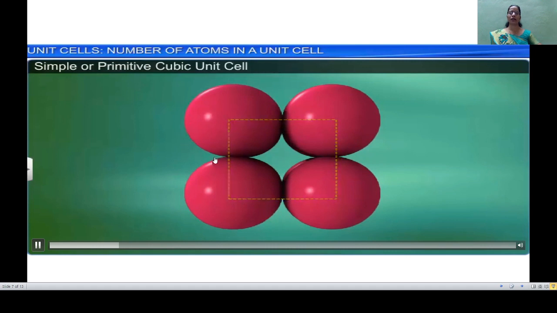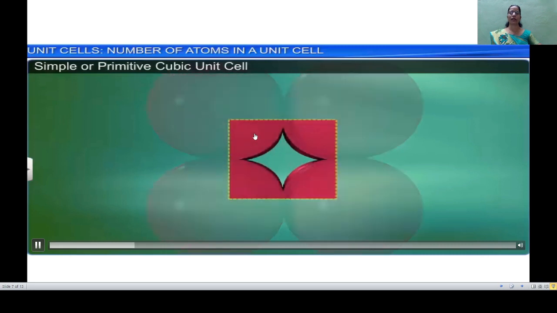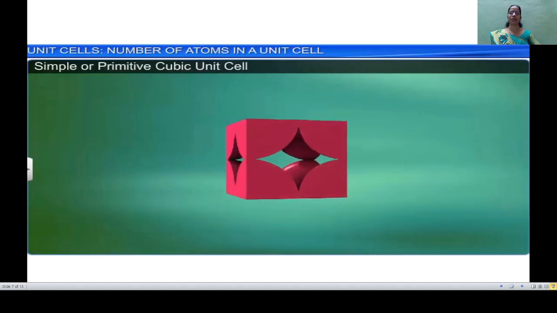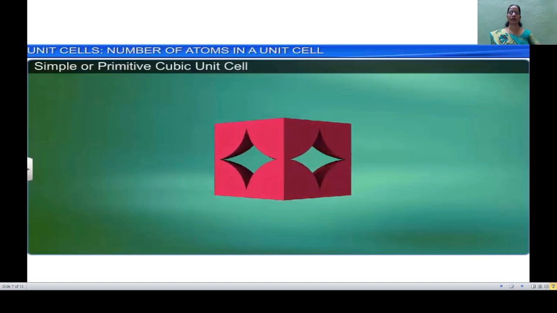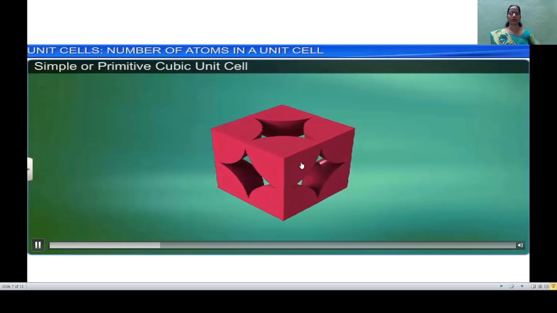Thus, if you try to draw the unit cell with the help of these center points, you will observe that only 1/8 portion of that corner particle gives its contribution to that particular unit cell. Here actually the corner particle is getting surrounded by 8 unit cells, but that particle gives only its 1/8 portion to a single unit cell.